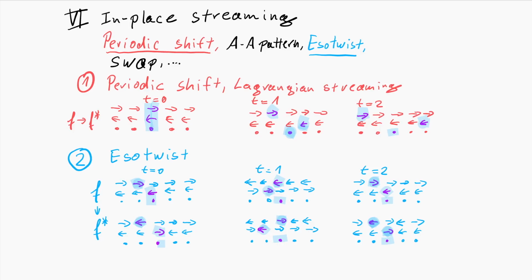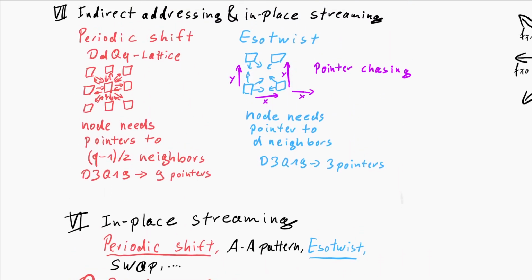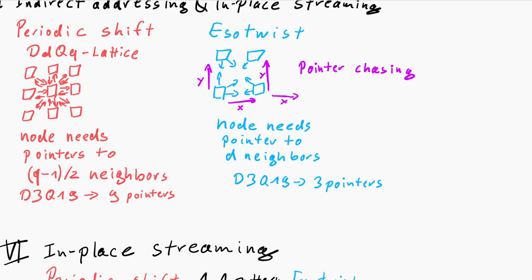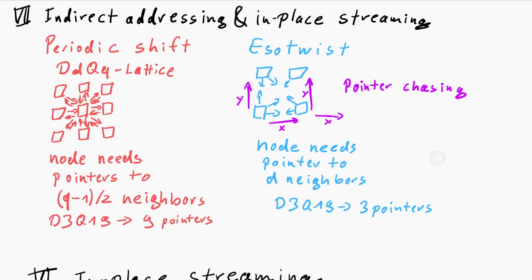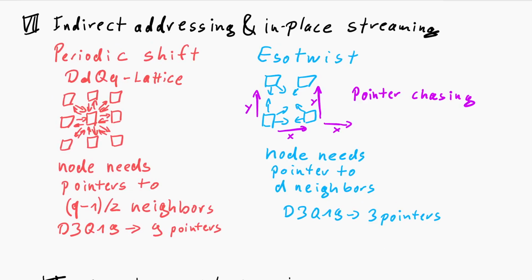So this is also the reason why we are using Esoteric Twist. As I have said before, periodic shift is one of the oldest algorithms, so it has been around for a long time, and Esoteric Twist is relatively recent. So if we have periodic shift, why would we bother to introduce Esoteric Twist?